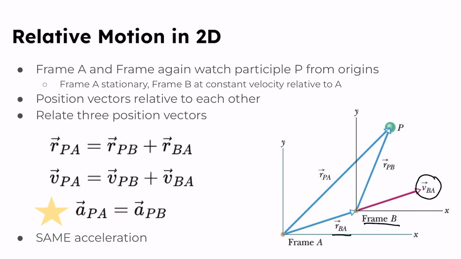Then we have RPA, the position vector of P relative to frame A, and RPB, the position vector of the particle P relative to frame B.